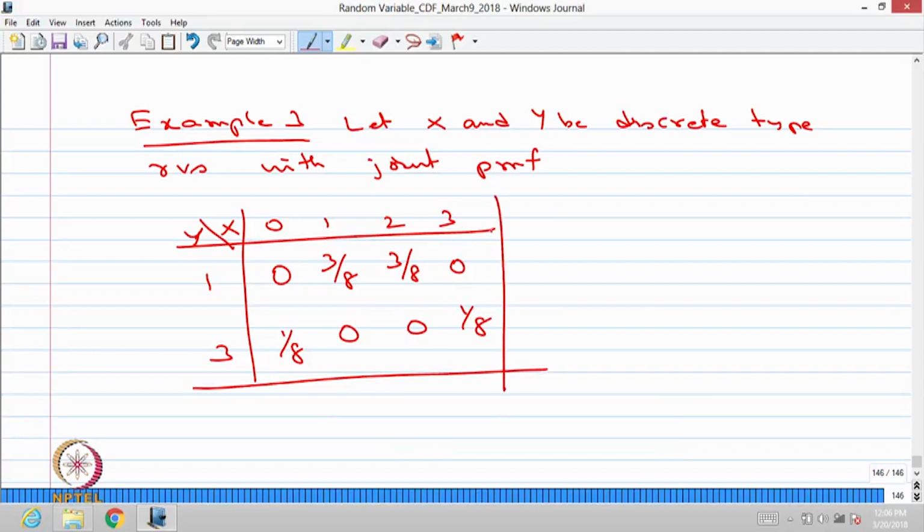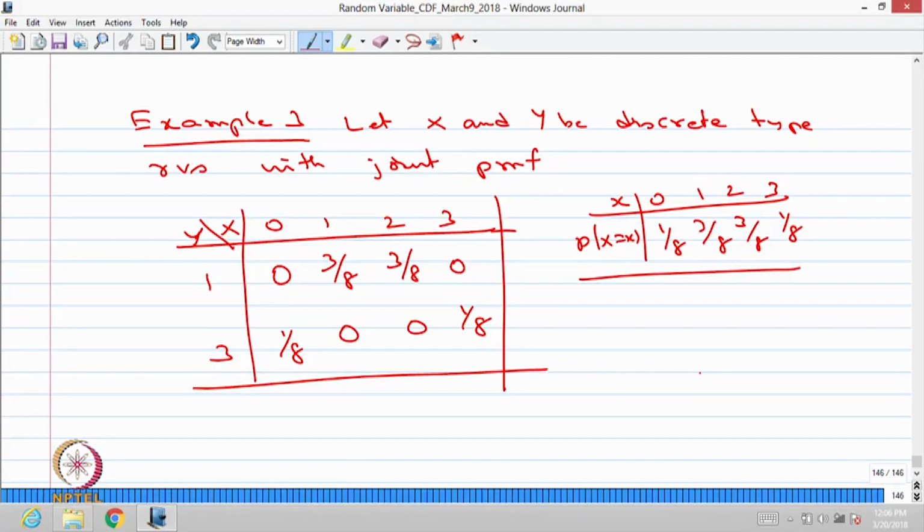And in that problem we got the marginal distributions of x and y also, if you recall. For the possible values of x, that is 0, 1, 2 and 3, the probability that x takes the value x is 1 by 8, 3 by 8, 3 by 8 and 1 by 8.